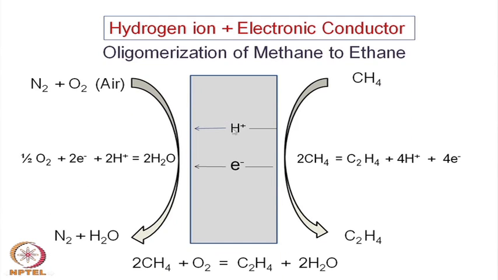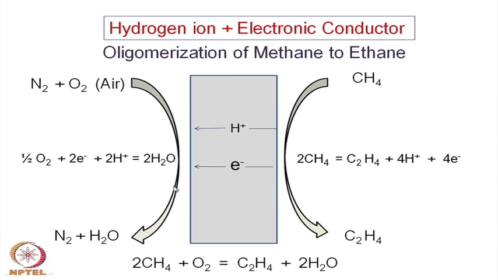Well, using a hydrogen ion conductor, one can also make some kind of an oxidation reaction like this. CH4, in fact, it is what we call oligomerization of methane to ethylene. Okay. So, they are taking oxygen from this side, CH4 can be converted to C2H4 by this reaction.